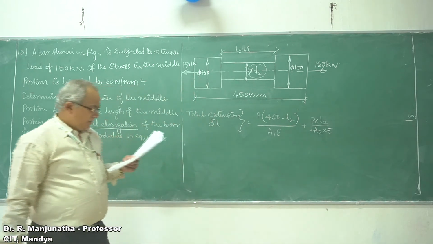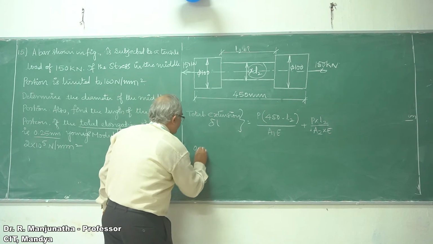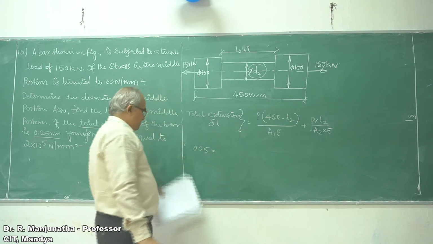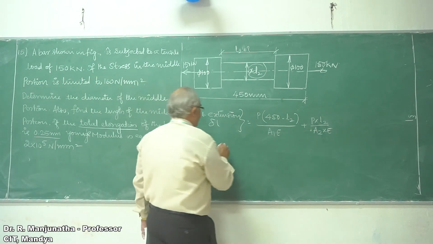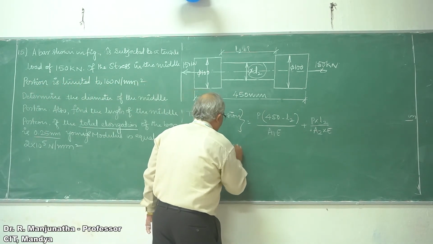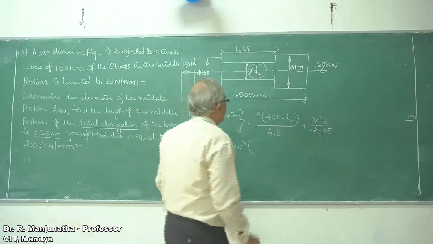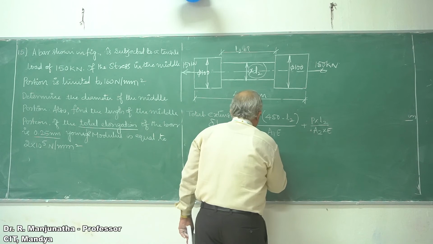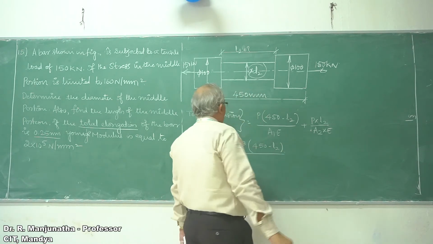So the total extension is given to be 0.25, which will be equal to the load, 150 into 10 to the power of 3, into 450 minus L2, divided by area 1.